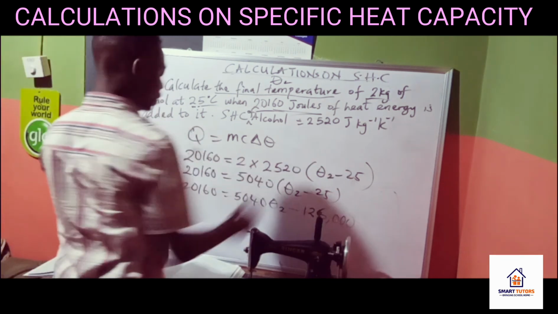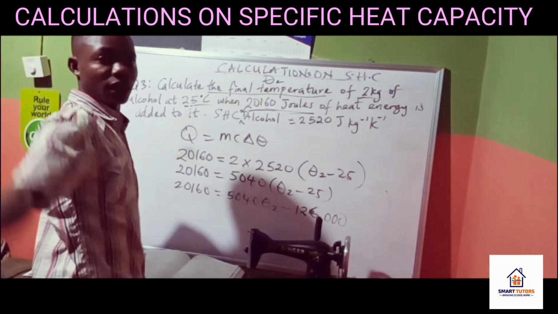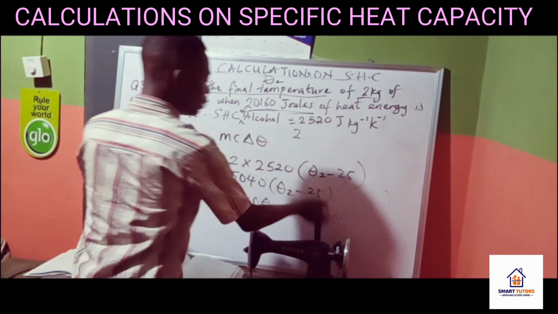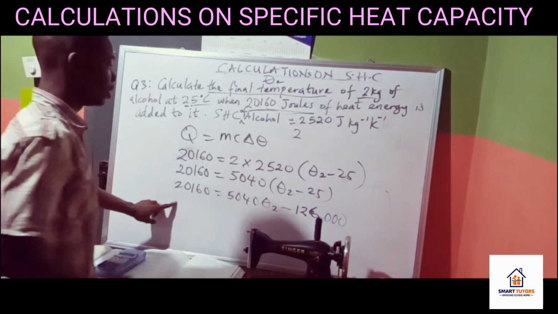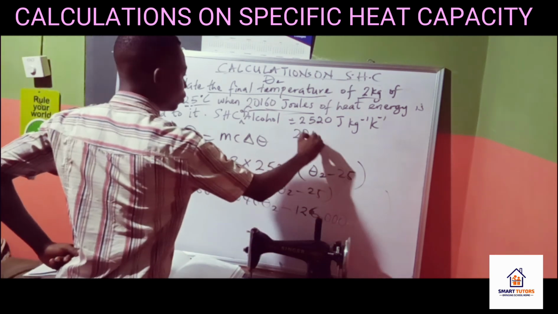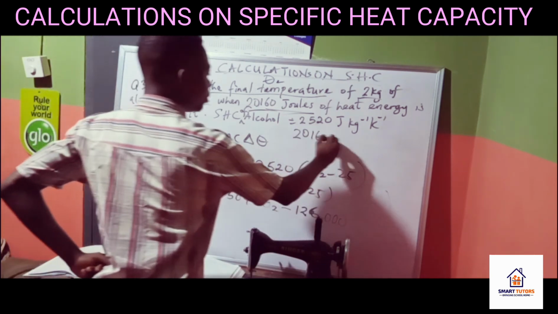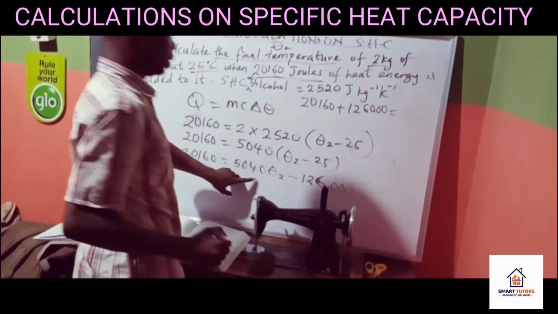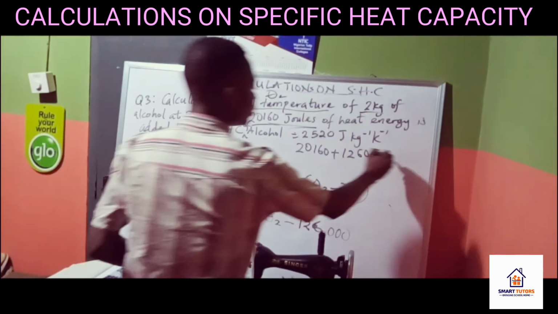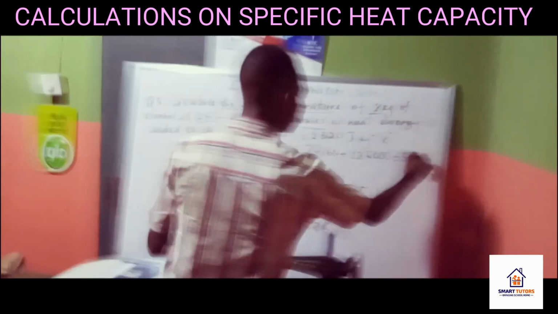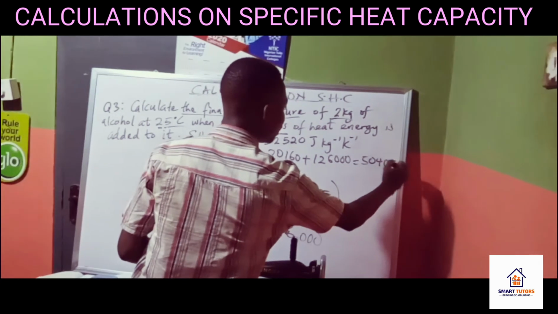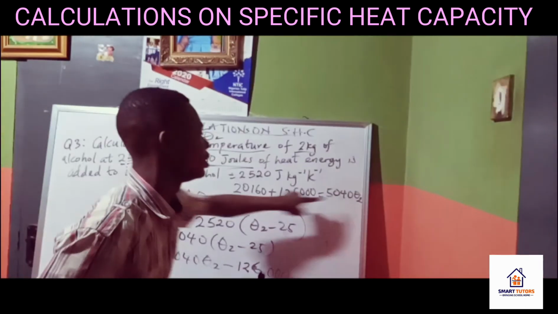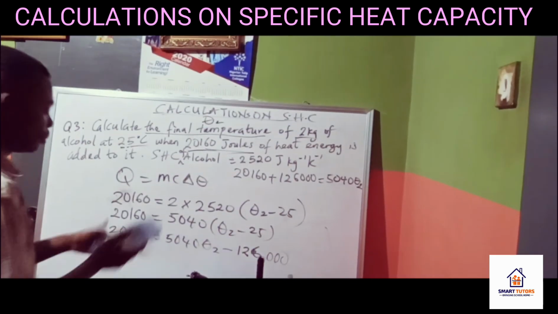I'm bringing it up so you can see it clearly. So this becomes 20160, and this comes here and becomes plus 126,000 equals 5040 theta 2. I will just add this to this, then divide both sides by this.